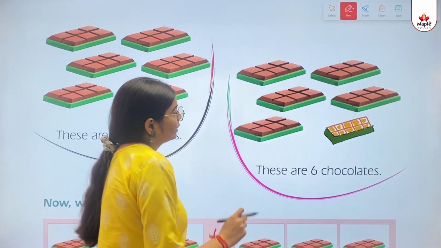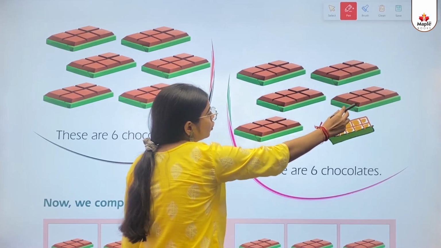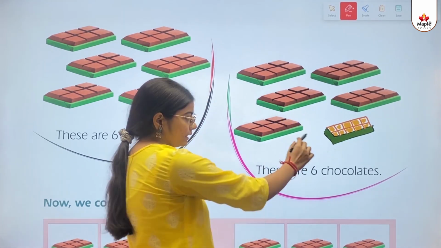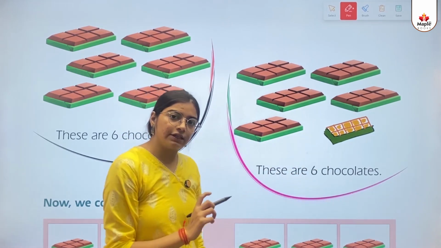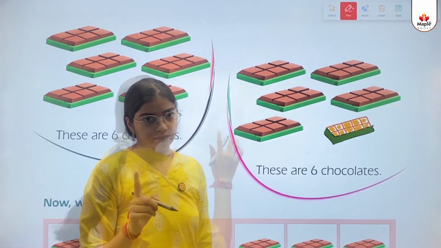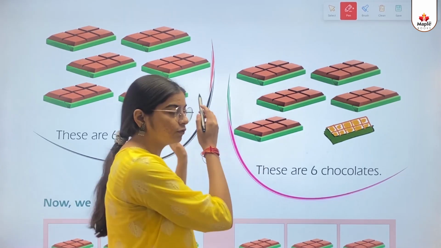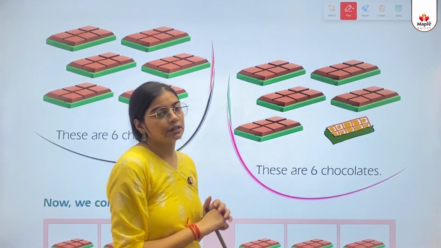Another side with 1, 2, 3, 4, 5, 6. Another with 6 chocolates. Remember, you need to remember the figures from both of the sides. From first side, there are 6 chocolates. Another side, there are 6 chocolates.